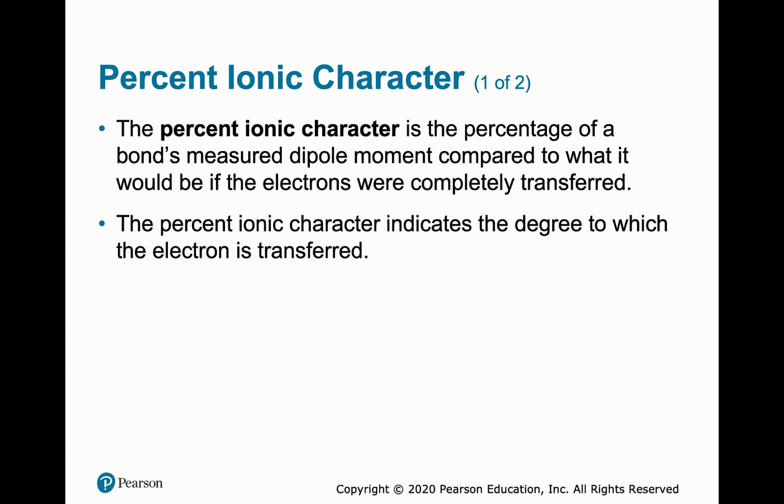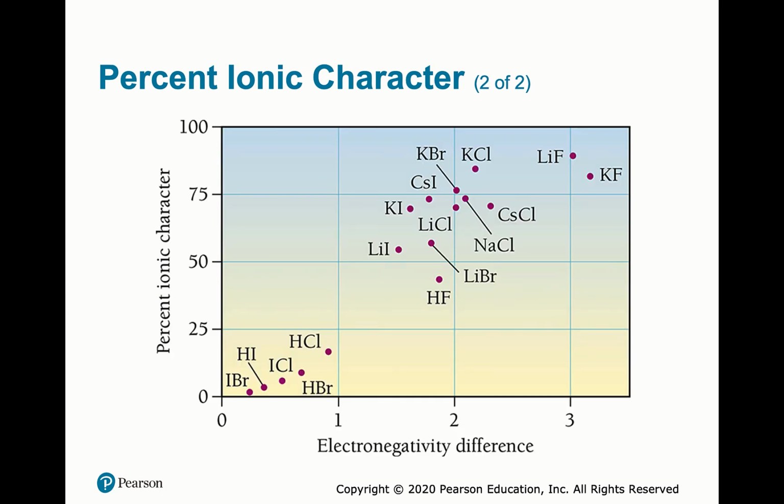With ionic character come certain consequences. It involves things like higher melting points, for instance. Here is the percent ionic character for various compounds.